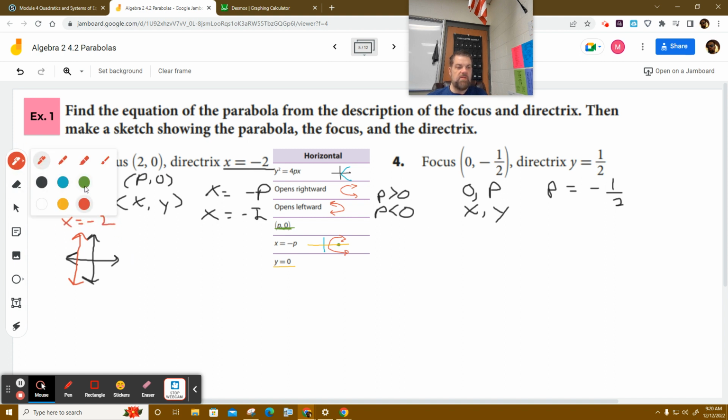My focus is going to be at 2 comma 0. That's not really equal distance, so let me get rid of that. Make it look a little better. And then I know that my parabola is going to kind of do one of these things. Go through the origin. Okay. Does that make sense?